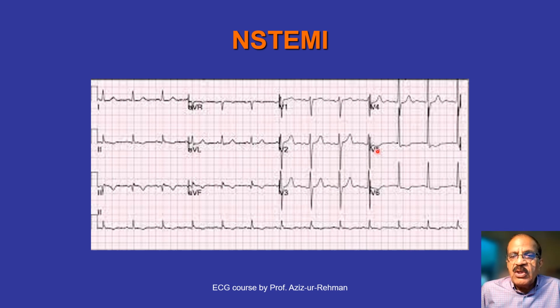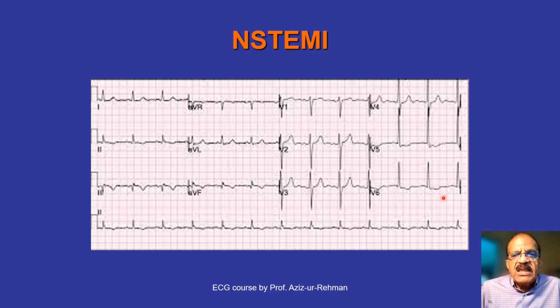Don't ignore these changes. These types of changes may be present in normal people, but in the proper context, in a high risk profile patient, these changes should always be interpreted with suspicion.